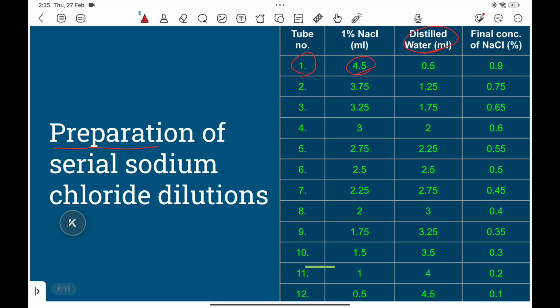After collecting the required materials, first I need to prepare those tubes according to their concentration. I have 12 tubes, 1 to 12, and I will prepare them by mixing the sodium chloride and distilled water. Here, to prepare the 0.9% concentration, I will mix 4.5 ml of 1% sodium chloride and 0.5 ml of distilled water.